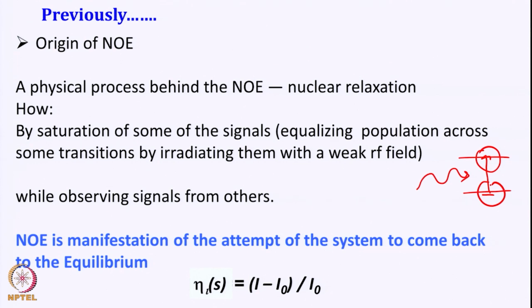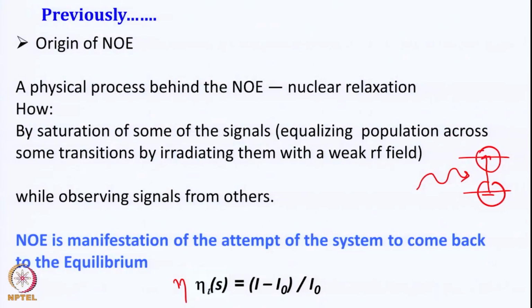So, NOE is a manifestation of the attempt of the system to come back to equilibrium. Because of the perturbation the population equalizes, and then the system tries to come back by a mechanism called relaxation. Relaxation tries to restore the equilibrium, and in the attempt to restore it there is a signal enhancement given by eta, that is the NOE signal.